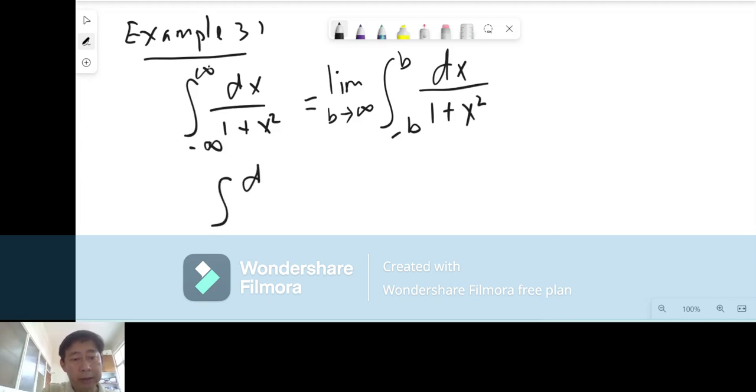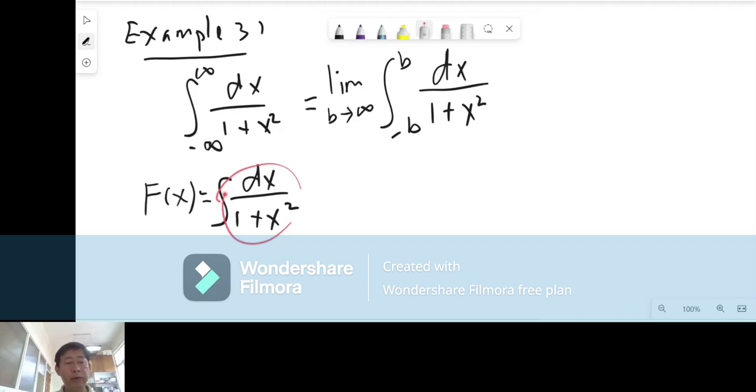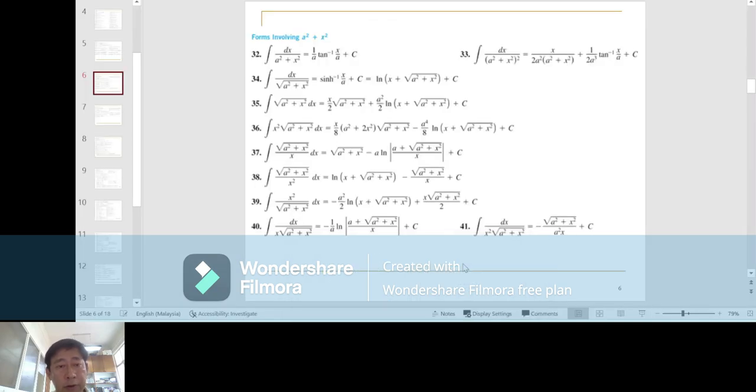To obtain the integral with lower and upper limits minus b and b, we first perform an integration on the function 1 over 1 plus x squared, and we call the resultant integration a function named capital F. The indefinite integration of 1 over 1 plus x squared could be obtained by referring to the integral table in module 5.